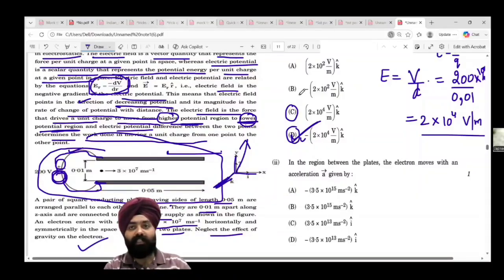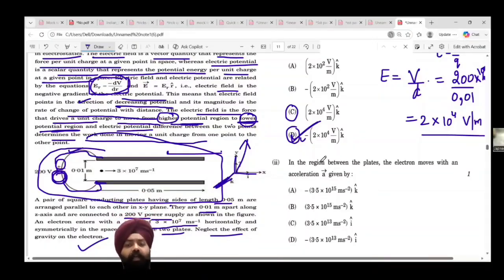Now next question class. See carefully. In the region between the plates, the electron moves with an acceleration A given by. अच्छा, next question देखो बेटा. We have to calculate the acceleration here, right? We know the formula.